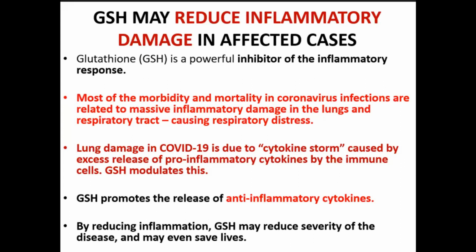Okay, now, not only does glutathione reduce the harm that the virus can do, glutathione also reduces the harm caused by our own inappropriate inflammatory response. Okay, so it's very complicated. It's not just the virus causing harm. How we respond can also cause more harm, right?